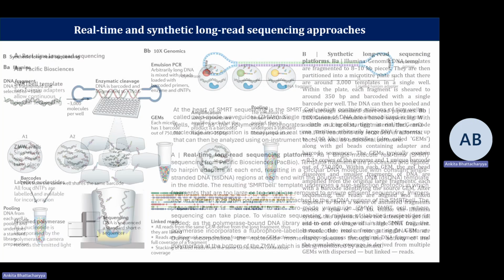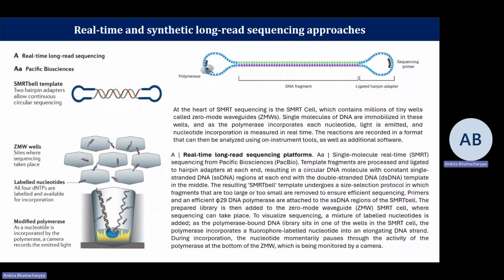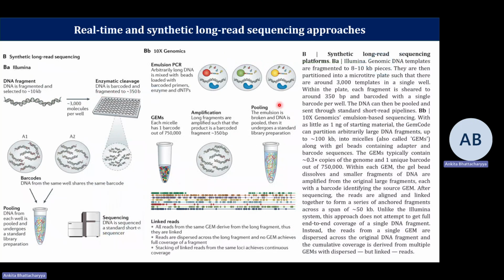Again, keep in mind this was real time long read sequencing, whereas the synthetic one, as the name suggests, has some difference with the previous one. It involves using the short read sequencing technique, but for long read applications. Majorly this strategy has been utilized by the Illumina sequencing method and by 10x Genomics as well, whereby they fragment DNA and barcode that region.